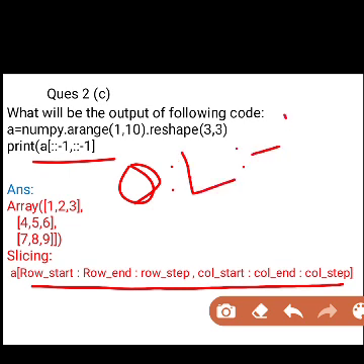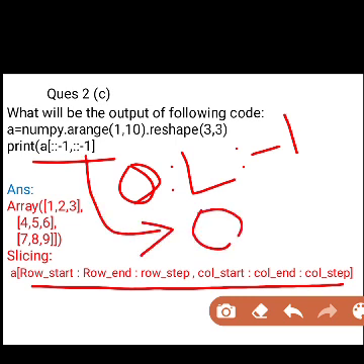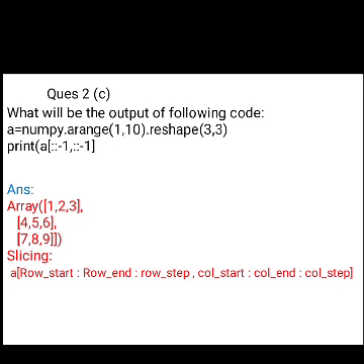It has given step value -1, means in reverse order it will take the rows. Similar for columns, no starting value is given, it will start from 0. No ending value is given, it will go up to last, and the step value is given as -1, so it will print in reverse order. So how will this be printed?